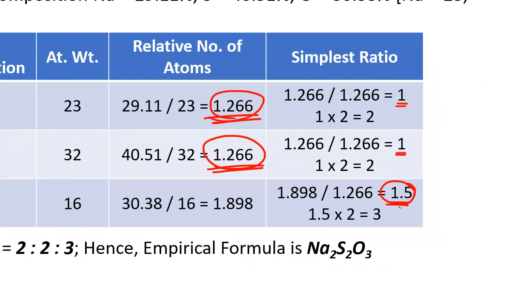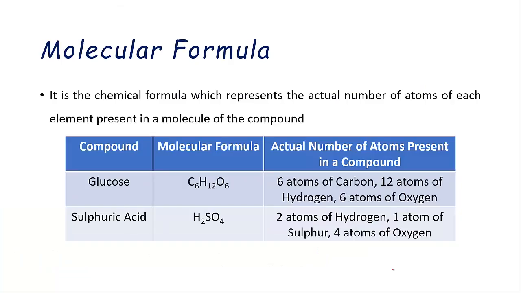So is 1.5 a whole number? No. So we will multiply by 2 to make it a whole number, and it's a ratio. If we multiply oxygen by 2, we'll have to multiply sulphur by 2 and sodium by 2 as well. So we get the final simplest whole number ratio as 2:2:3, and hence the empirical formula is Na2S2O3.